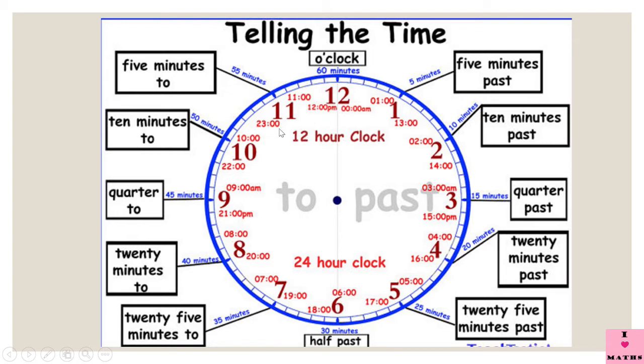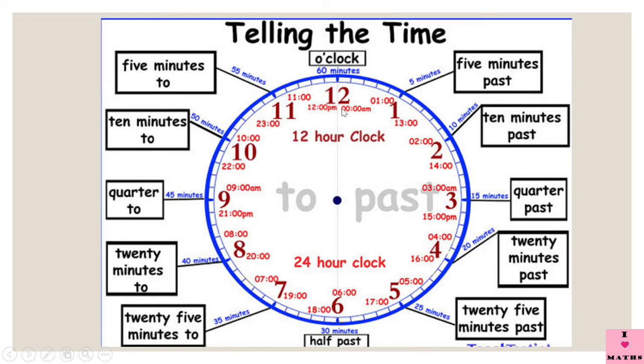For example, this is a way to express time in 24-hour clock. The first 2 digits represent hours and the next 2 digits represent minutes.